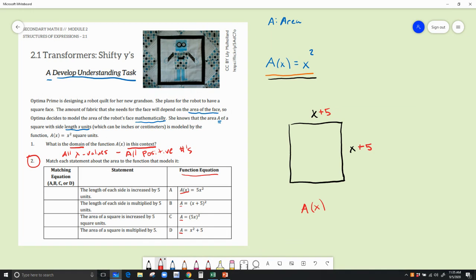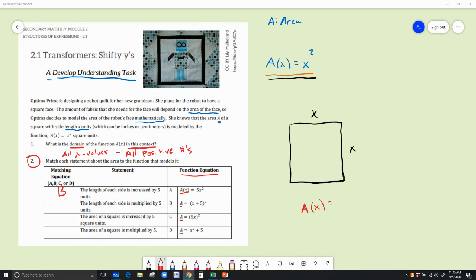What is the area of a square? Just whatever one of the side lengths is squared. So my side length of x plus 5, square the entire thing, and that's the one that matched. So the very first one, the length of each side is increased by 5. The new area should look like B, like boy.